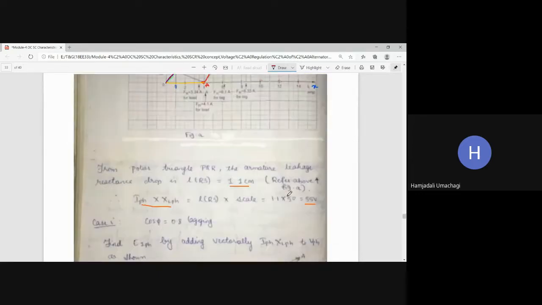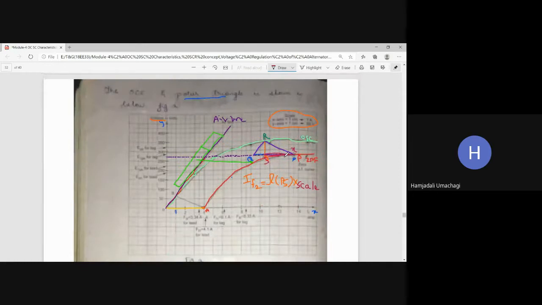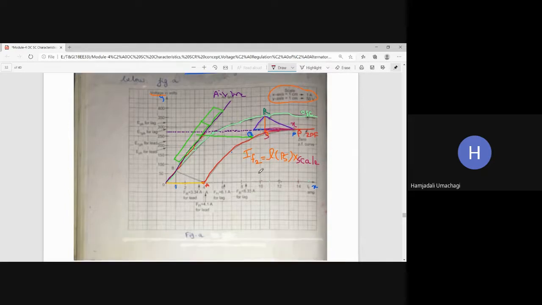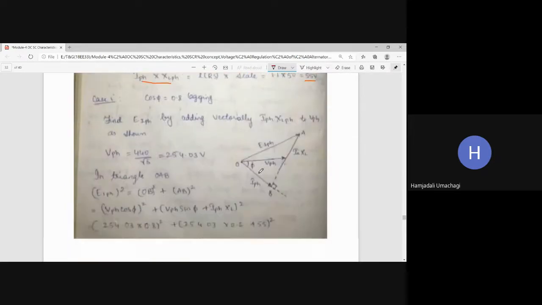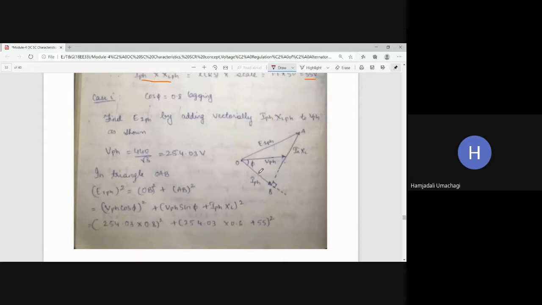What you should do is measure the length of PS. Here the answer for PS is 3.1 and the scale is 1 centimeter equal to 1 ampere. So 3.1 into 1 means IF2 is once again 3.1 ampere. Ajay, are you getting 3.1? 3.2 ampere, sir.